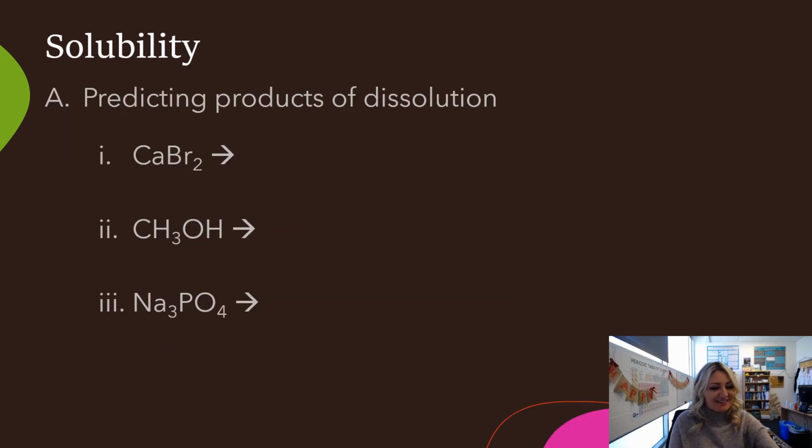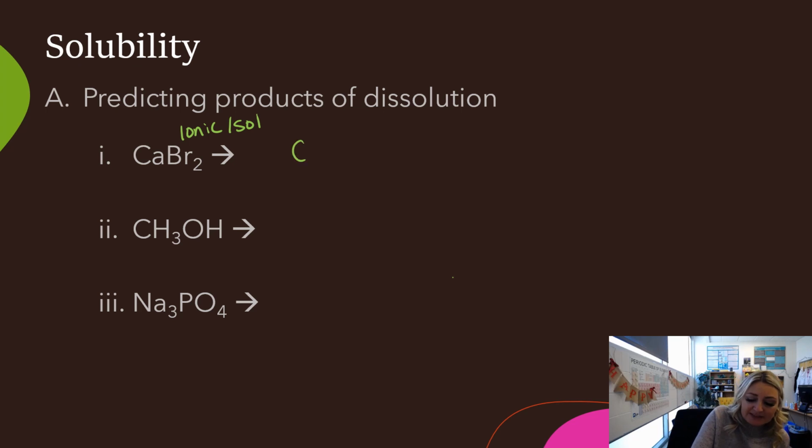All right, so let's talk about the products that you would expect from the dissolution or the dissolving of a substance. So looking at our first example, we have calcium bromide. Calcium bromide is a soluble ionic compound. So I'm just going to write that. It is ionic, it is soluble in water. We're assuming that we are dissolving this in water.